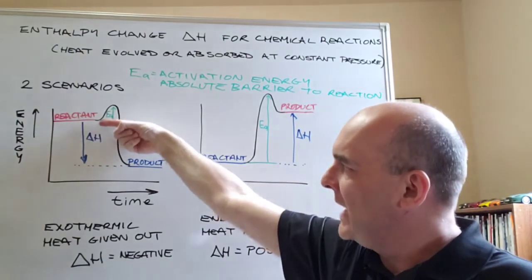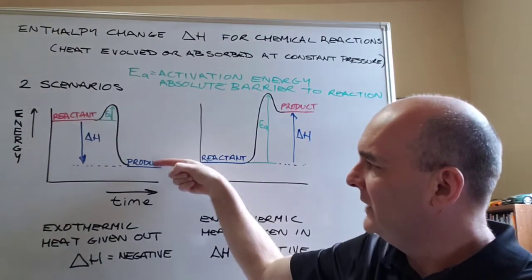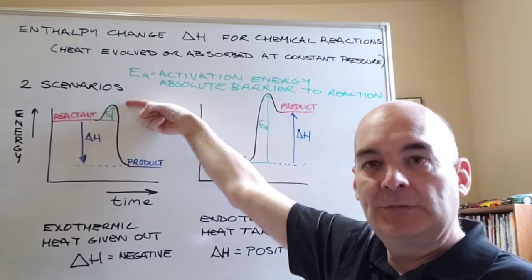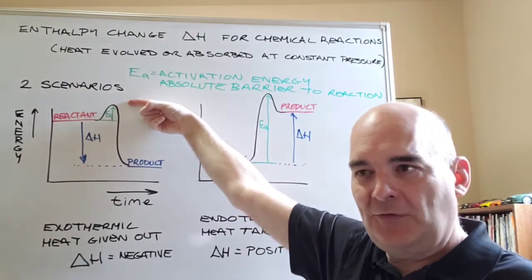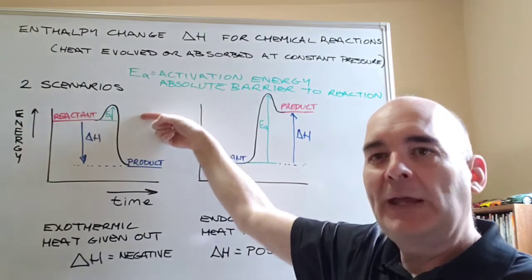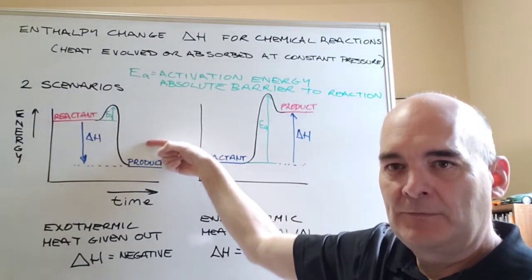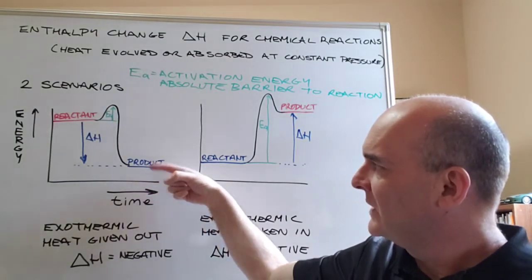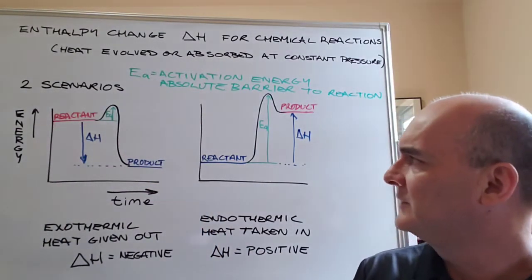So to go from reactants to products in an exothermic reaction, I have to give my reactants some energy first to force them to react. That energy will be given back to me, and then I generate the product. So there are two new arrows on this diagram.